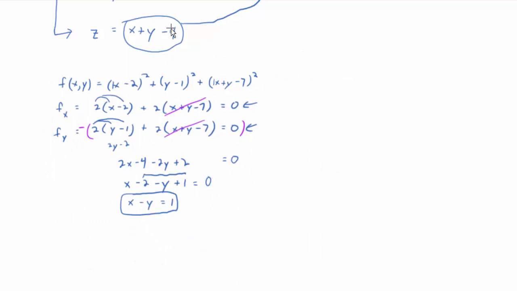Let's just for the sake of argument then say you're going to simplify this guy. Multiply everything out. What do you get? 2x minus 4 plus what? 2x plus 2y minus 14 equals 0. Yeah?